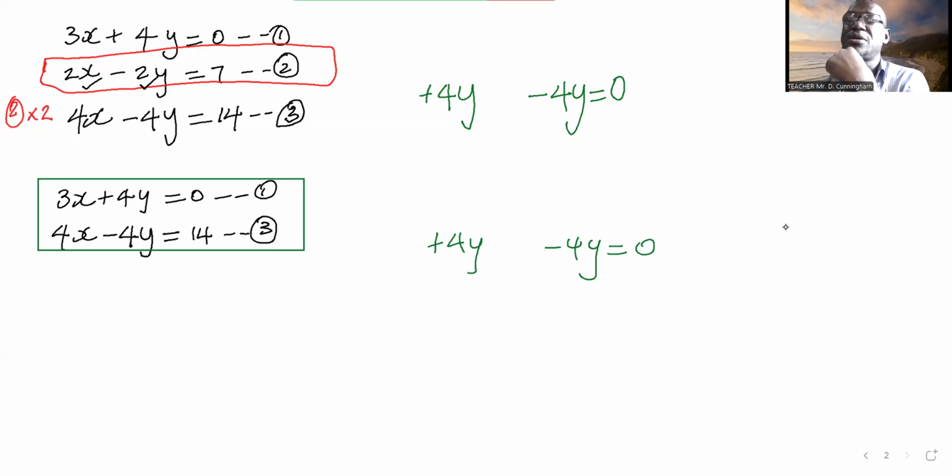Here's the big question, people. Do I add them or do I subtract them? That's the big question. Some say add. Everybody agree with that? Is there anybody who is going to go with minus them?